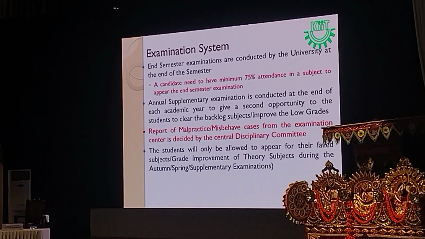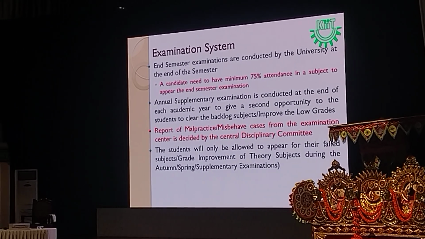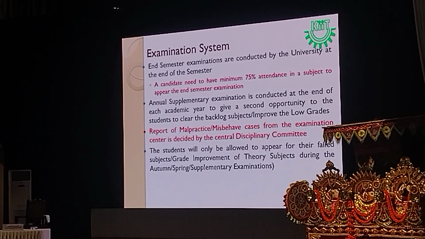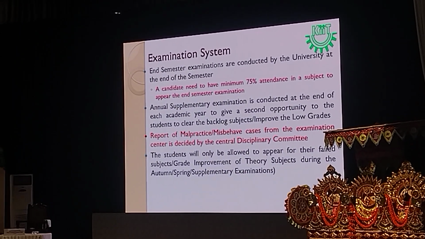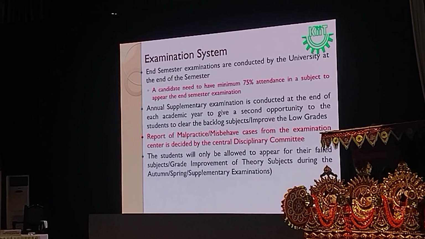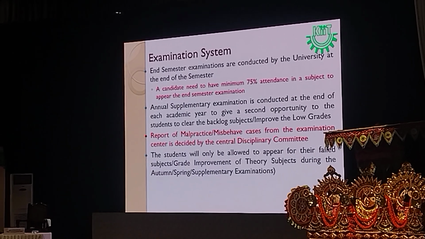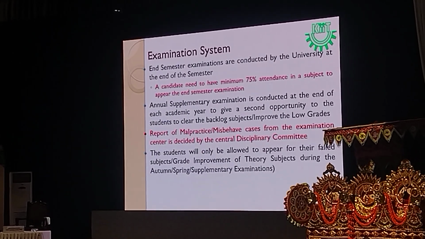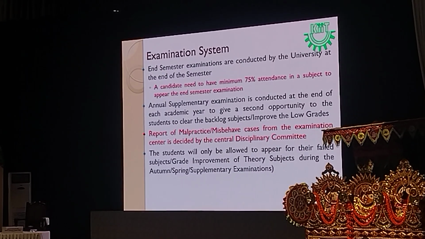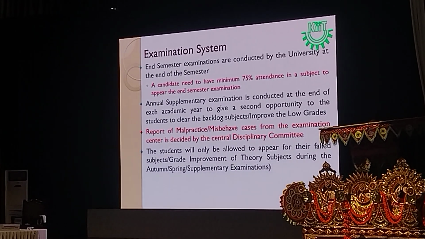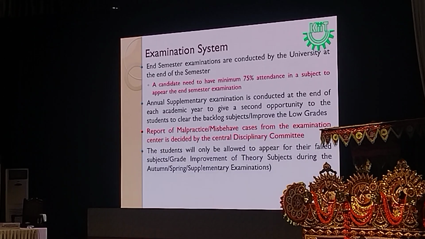Plus there will be a supplementary examination at the end of each year. So if you have backlogs, you will get 3 opportunities every year to clear those backlogs: odd semester backlogs in the odd semester, even semester backlogs in the even semester, plus all subjects, whether even or odd, in the supplementary examination.